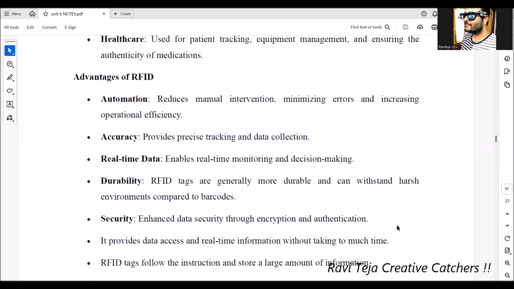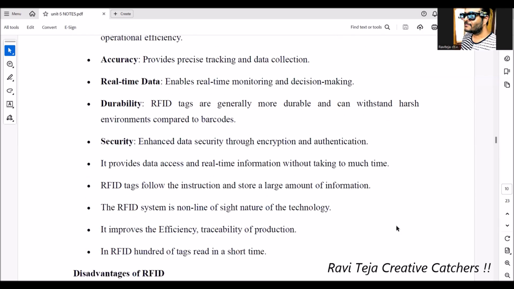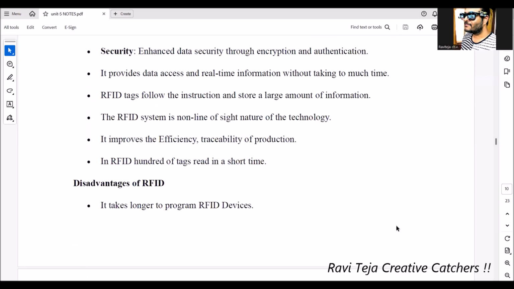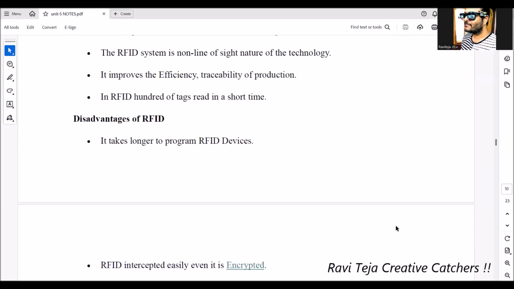Coming to the advantages of RFID, we can use it for automation. Accuracy is higher, real-time data, durability, security, all this comes into the picture as advantages of RFID. And coming to the disadvantages, it takes more time to program these RFID devices.